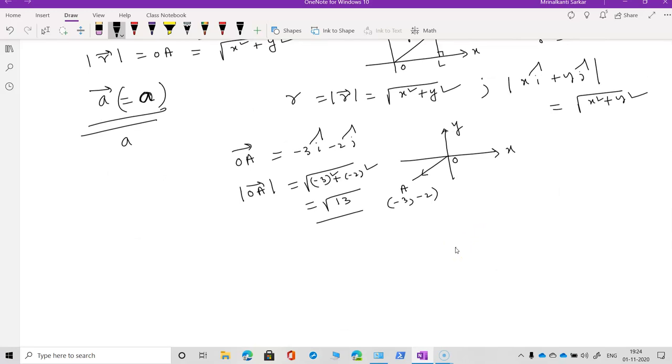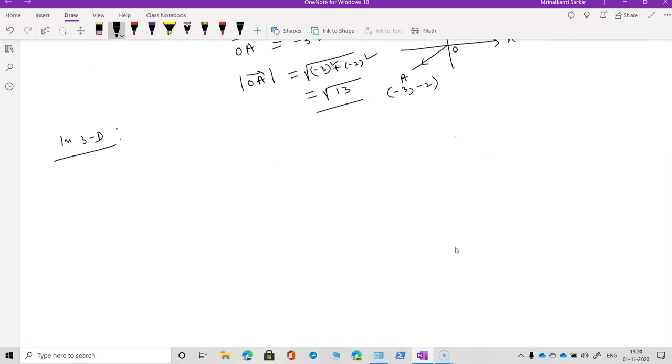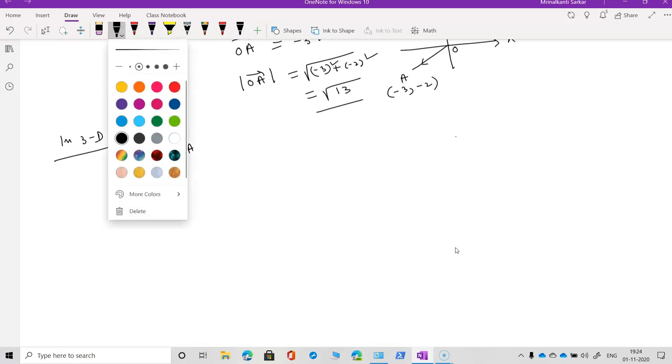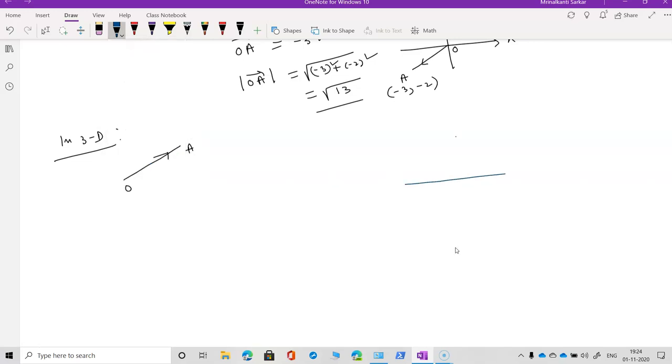So what about in a three-dimensional coordinate system? In 3D, how to represent a vector? Any vector given over there, you will do it in the same manner. You will split the vector parallel to itself. Let me draw a cube.